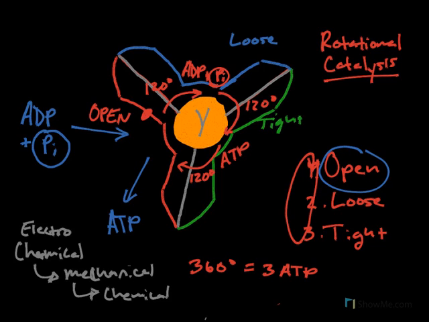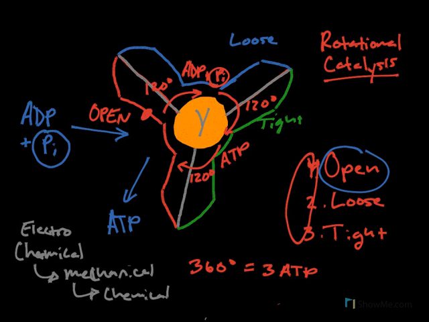So electrochemical energy goes to mechanical energy by actual rotation of the C subunits, rotation of the gamma stalk, which causes these conformational changes in our F1 subunits, which creates chemical energy in the form of ATP.